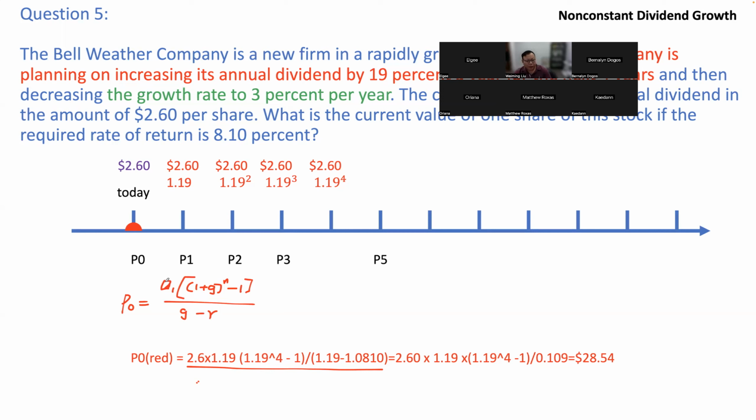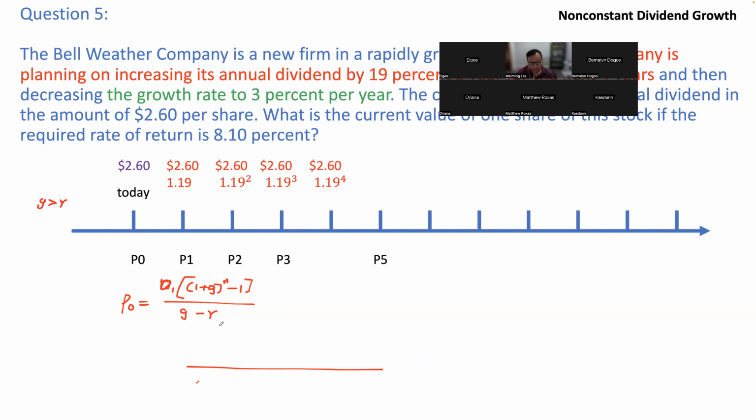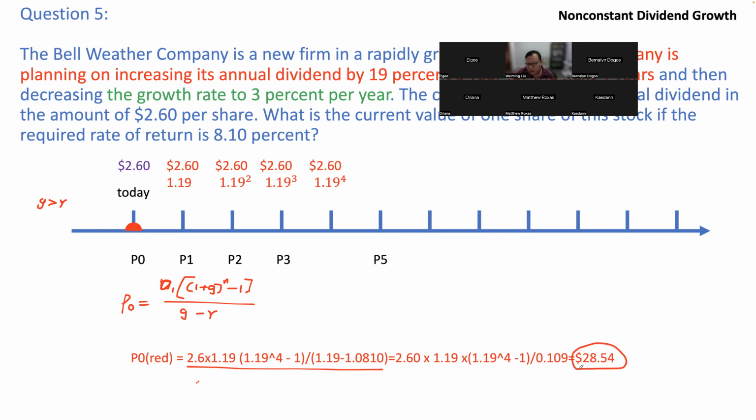This is the case where your dividend growth rate is higher than the return. So that's this one. We are done with this part, and we calculated that this is $28.54.